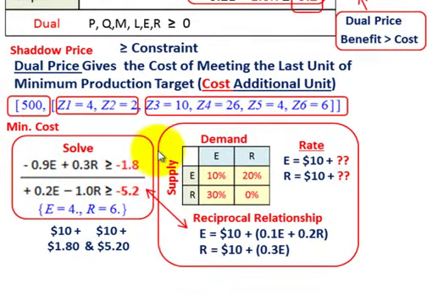And then one other thing, when we talk about that reciprocal relationship, remember we looked at that matrix with that 10, 20, our supply based on a percentage and the demand based on a percentage. Really what you're doing, if you would do this by hand, and we're not going to go through it all, you're just taking an equation for E, your power or electricity. You're just taking $10 plus whatever you have in your matrix.